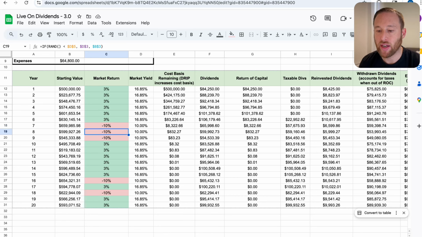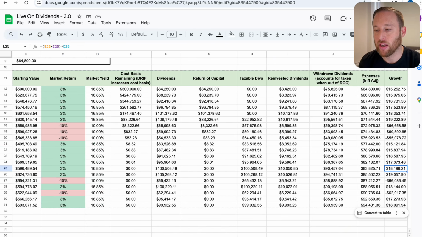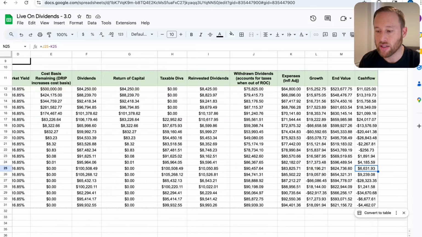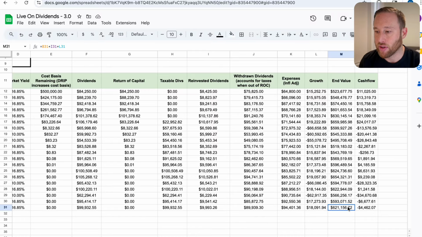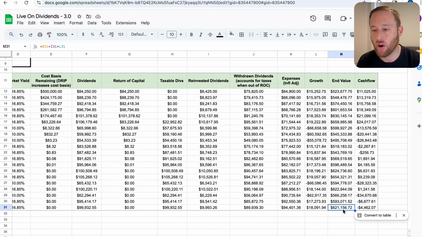And with it, in the end of this, and again, it does vary, we'll have a net ending value of 621K. All right, from 500K, we would have appreciated to 621. And again, these assets are not meant for major appreciation; they're meant for generating income.